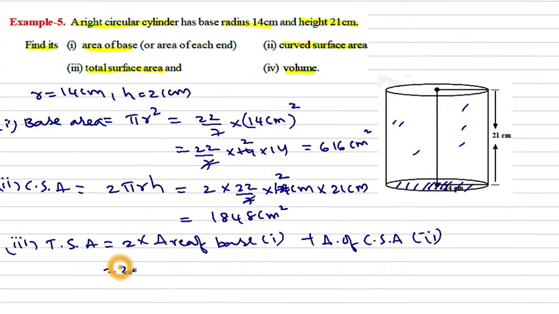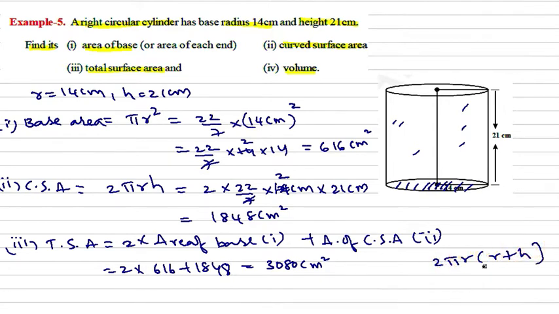So which is equal to 2 into 616 plus 1848, which is equal to 3080 centimeter square. Otherwise here we can use the formula to calculate the TSA, 2 pi r into r plus h. Now by this formula also we can get the TSA of this cylinder.